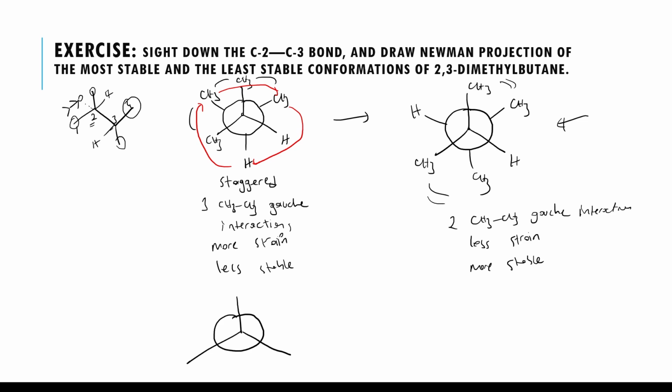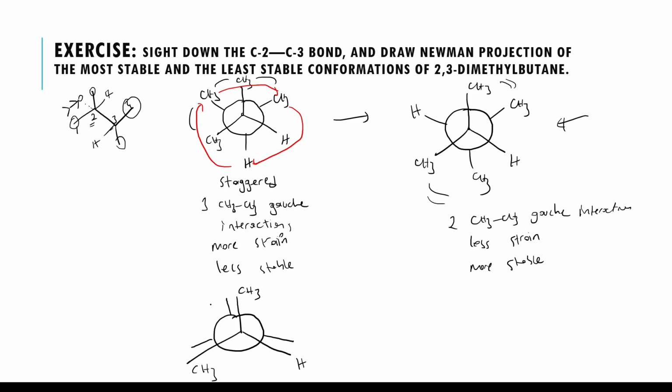Again, I will keep the front one as it is. So we have a methyl, another methyl here, and hydrogen. And if you look again at the third carbon, we have two methyl groups and one hydrogen. So I will here put eclipsed groups behind these groups, and they will have eclipsing interactions. They are eclipsing each other.